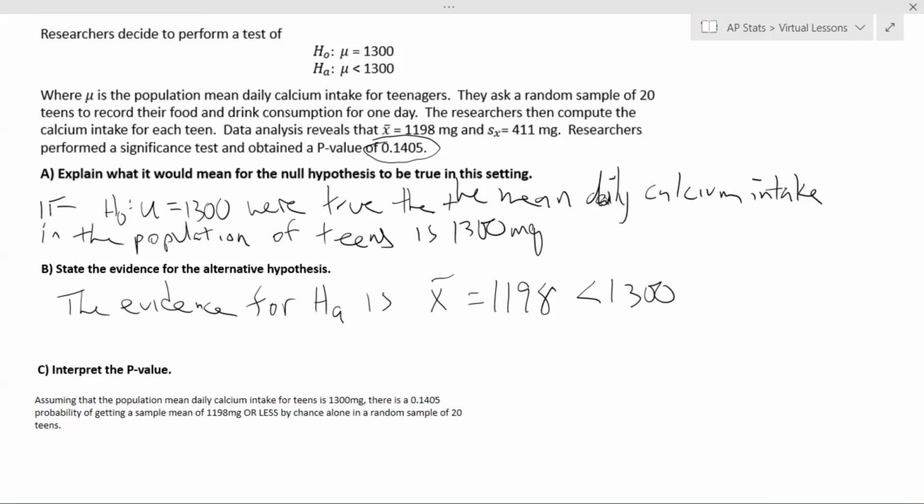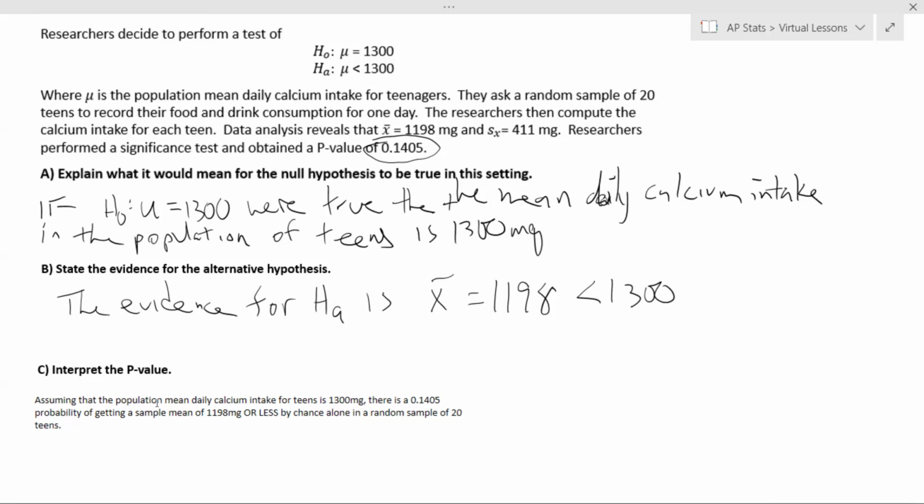The p-value is assuming that the null is true. So assuming the population mean daily calcium intake for teens is 1,300 milligrams, there is a 0.1405 probability of getting a sample mean, in this case, of 1,198 or less, because we have a one-sided alternative. It's strictly less than 1,300 based on how they set it up.